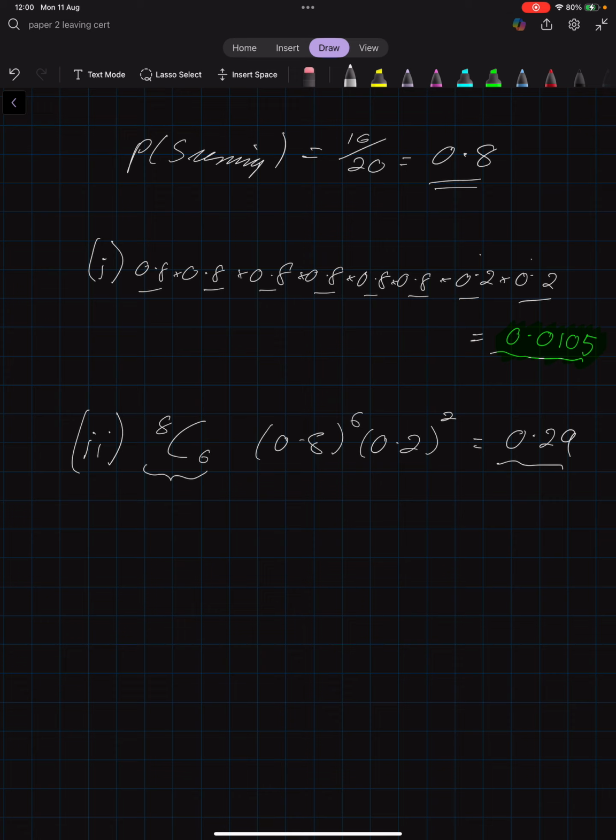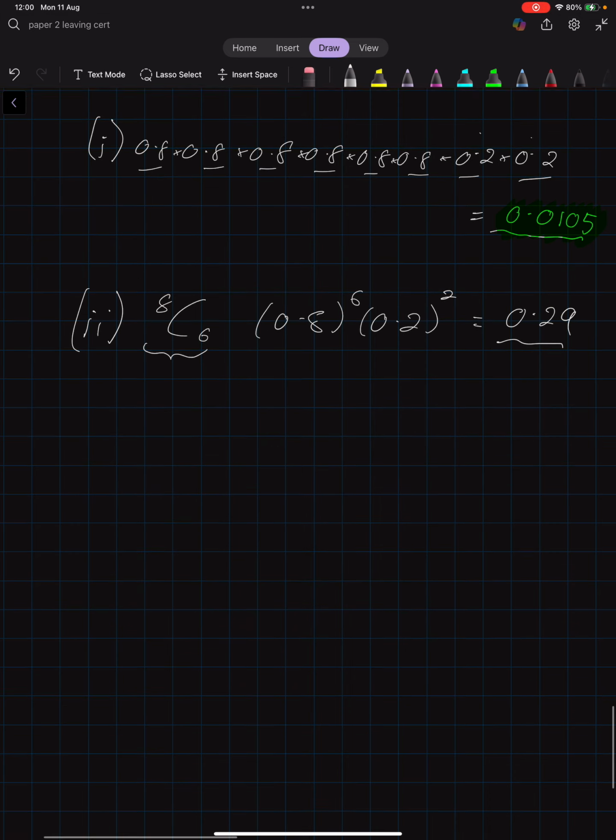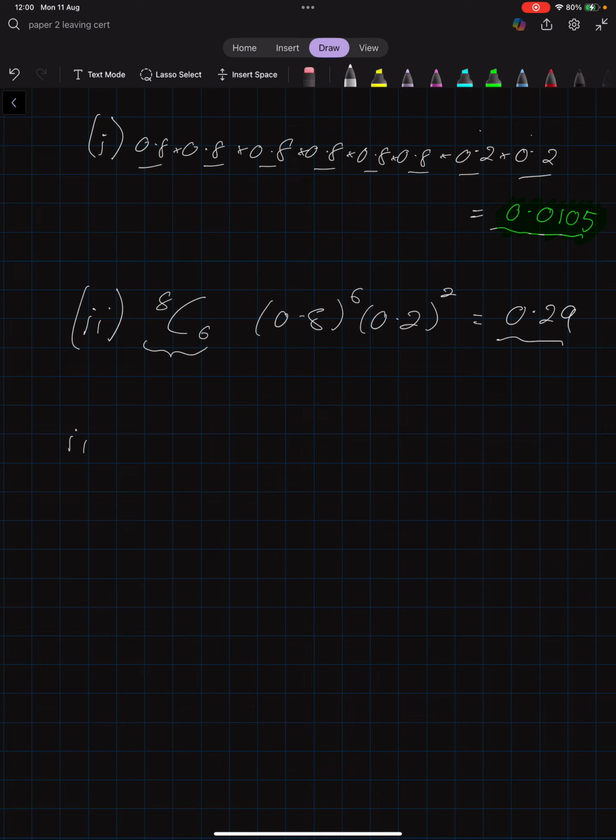Okay? And then finally it says, find the chance that she'll score 6 or more. So first of all, the chance that she scores 6 is what we just calculated there, 0.29. Now I need the probability that she scores 6 or more, so I need to find the probability that she scores 7. I'm going to do the exact same thing, but wherever there's a 6, I'm just going to change it to 7.